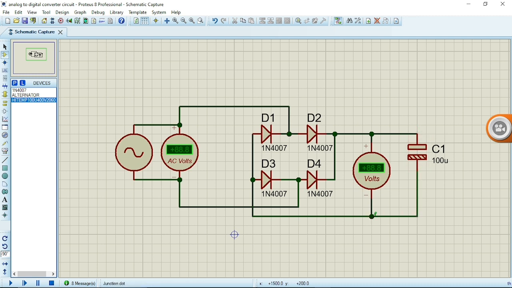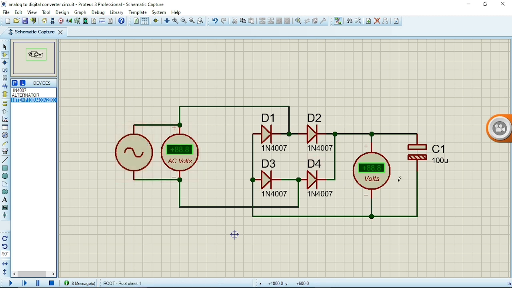Alright, before simulating this, I want you guys to note that the voltage here will be 1.414 times this voltage here. You should note that after rectification and a capacitor, you would have your peak voltage back. Okay, and our peak voltage here, our amplitude here is 311.